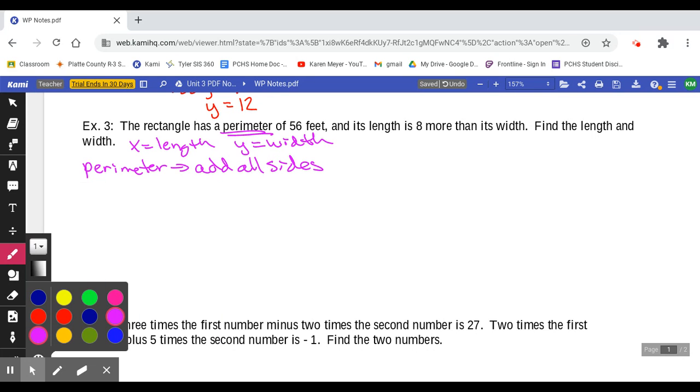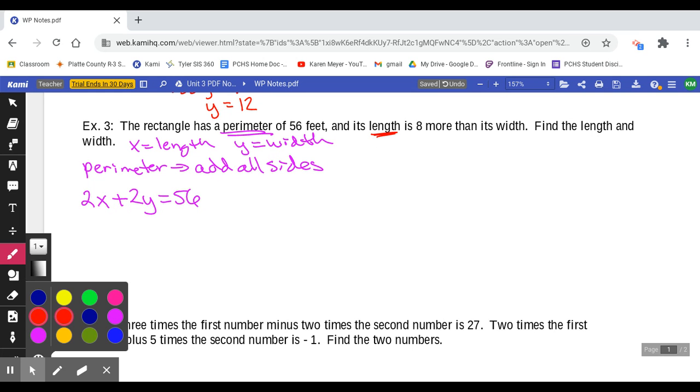So that would be 2x plus 2y equals 56. Because remember, top and bottom are the same, so that's 2x. Left and right are the same, that's 2y. And then they tell you the perimeter, which is 56. So now if I read on, it says length.